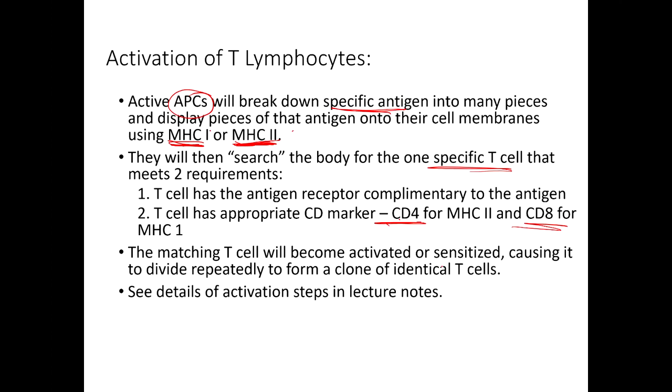Hence the reason we say it is specific immunity, because the specific antigen will elicit the specific response. Is it going to be B cell antibody production, or is it going to be intracellular and cytotoxicity? Our third video is going to look at that last piece of specific immunity, looking at the antibody-mediated responses. So don't forget to look for that one, and also go back in and look for that T cell activation video.